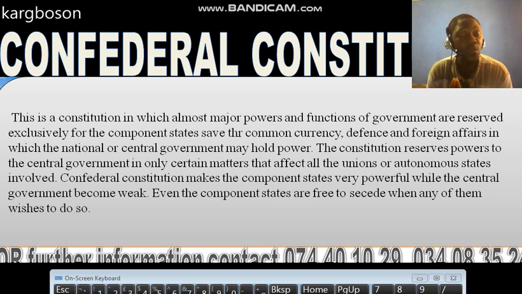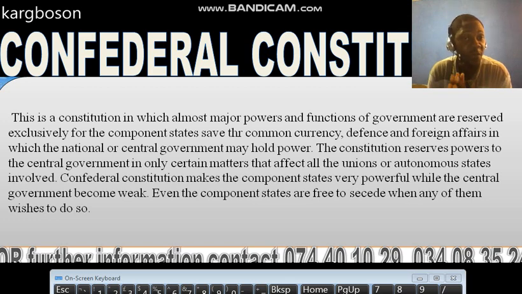So what happens is, even though it can delegate to subordinate bodies, the constitution does not make provisions for the sharing of powers. But in the federal constitution, you discover that the powers of the central government are shared with regional or state bodies.